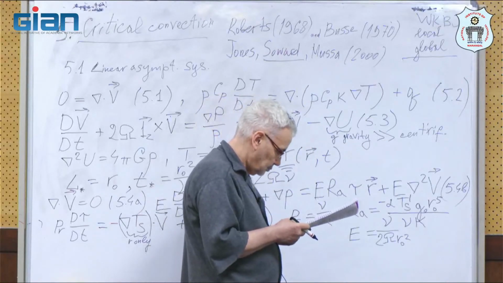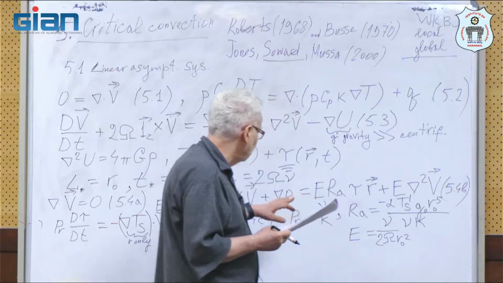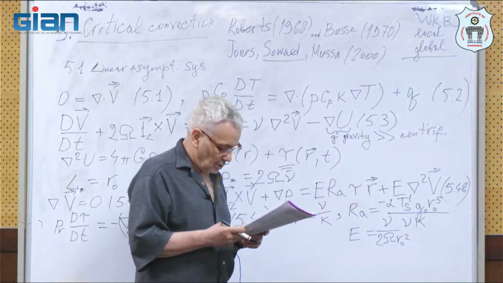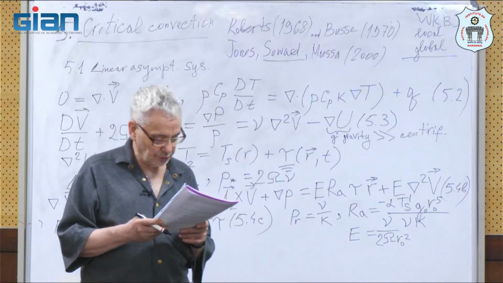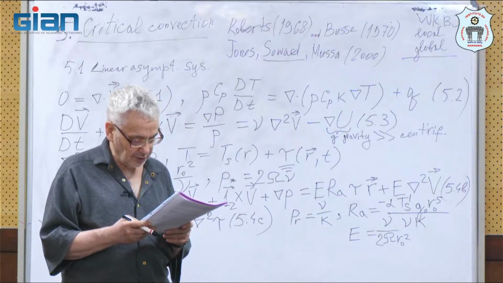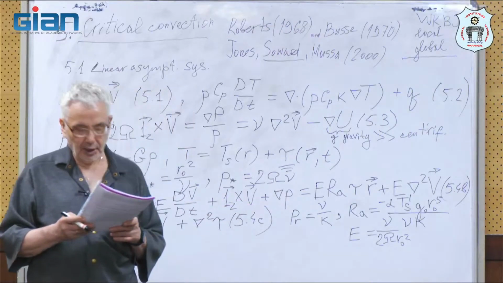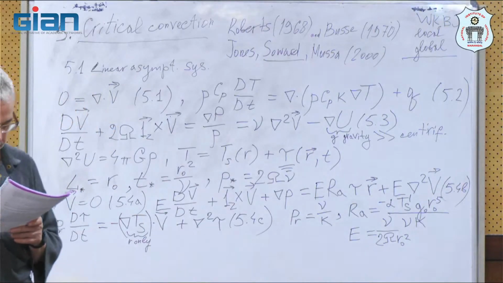Okay. So I just remind you that the alpha here is the coefficient of thermal expansion. Mu is the kinematic viscosity, K is the thermal diffusivity, and G0 is the gravitational acceleration exactly at the outer boundary, or the radius of the outer sphere.